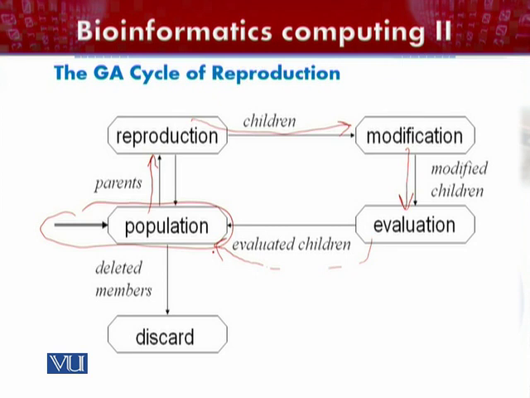The termination conditions are checked again. If satisfied, terminate the system. If not satisfied, move ahead and repeat the steps. It is also possible that some members of the population may be discarded on the basis of their fitness scores.